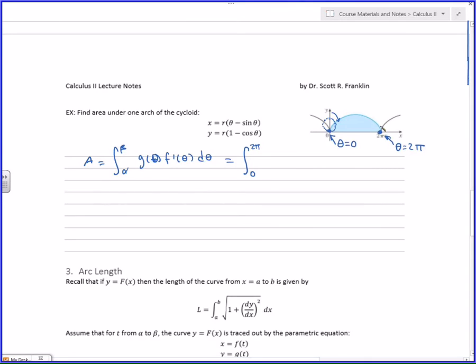And notice, by the way, I'm not using the x value of 2 pi r, that is how far it is on the x-axis. I have to use the value of the parameter that gives me that point, theta equals 2 pi. And now I'm going to do g of theta, that's your y function, r times 1 minus cosine theta, times f prime.